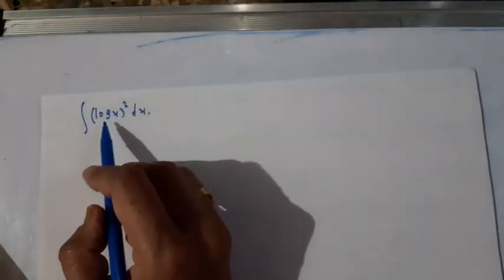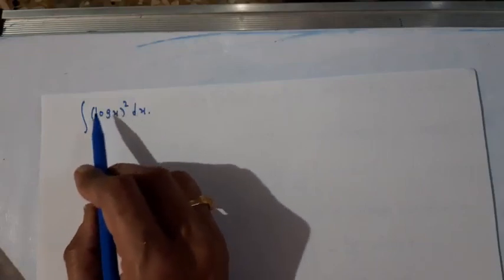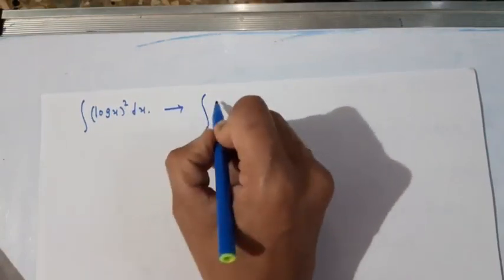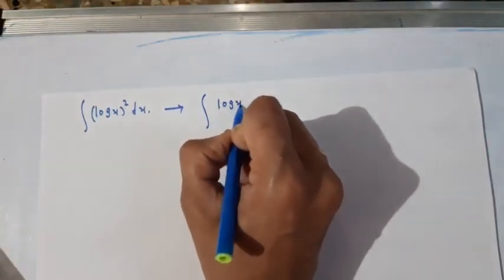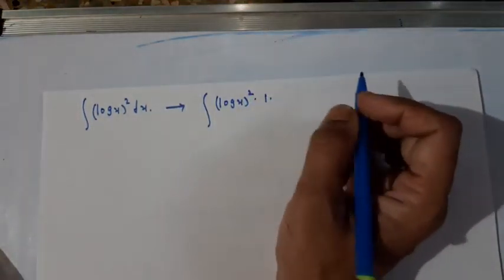Now students, this is log of x whole square, which means we can see only one term here. We don't know the integration of log of x. So you have to remember, or note down, that if we have to find the integration of log of x or a power of log of x, where only one term is present, then consider this as log of x whole square into 1, and then solve the problem.